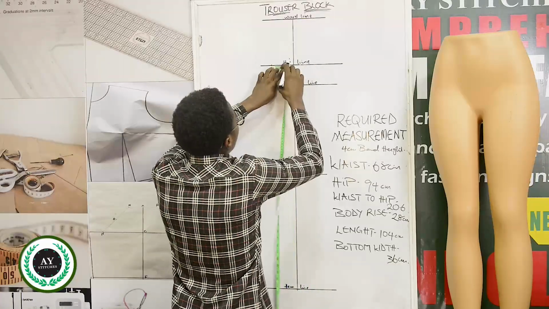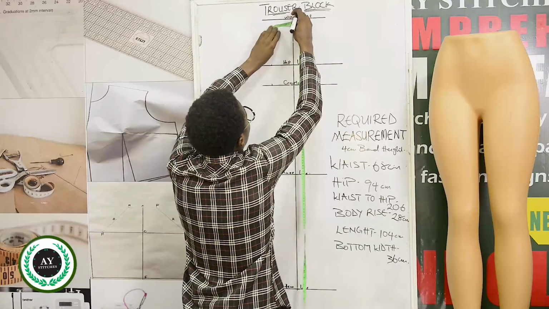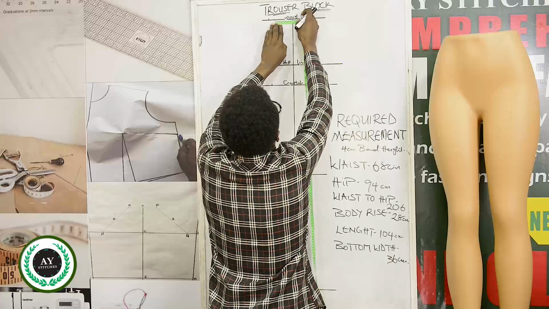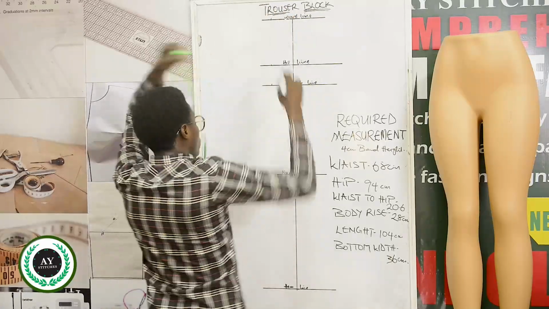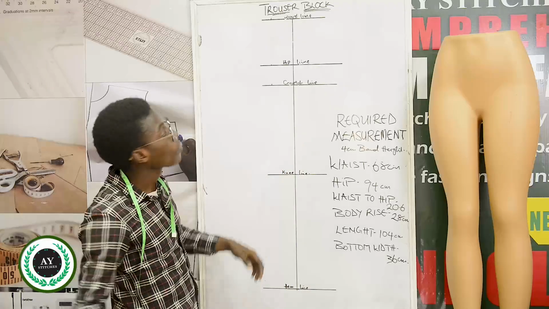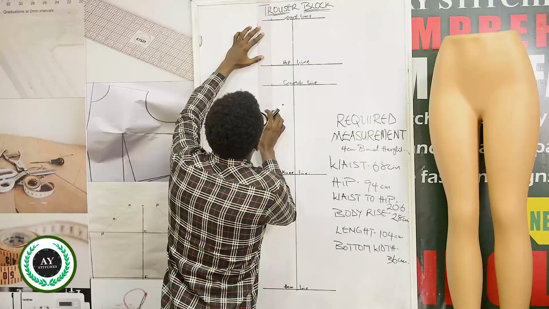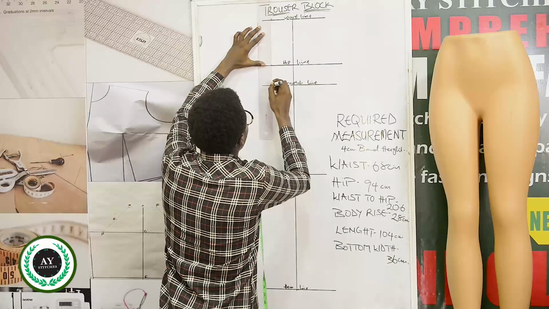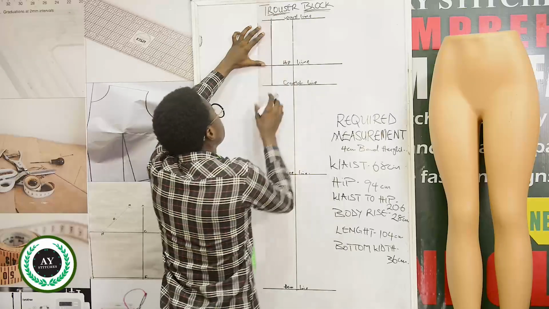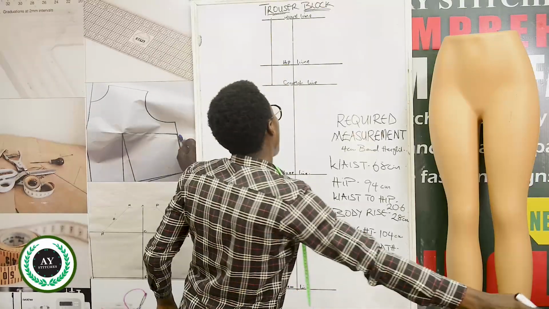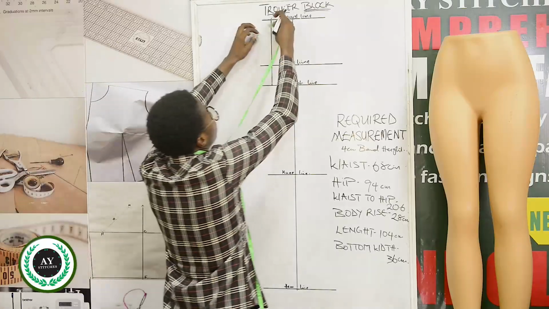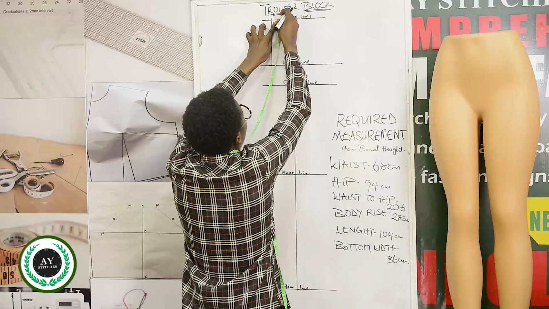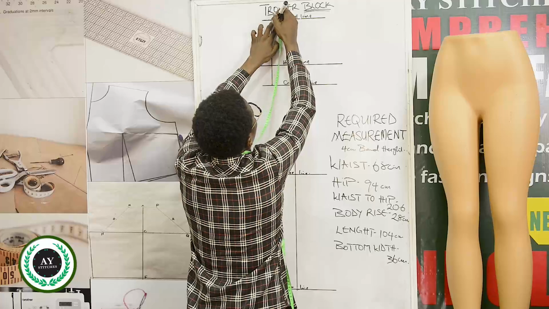So the 7.8, so this is the 1/12 of my hip measurement. So at this point, once you have this, all you just need to do is to take in 2 centimeters at the waistline from the squared up line.